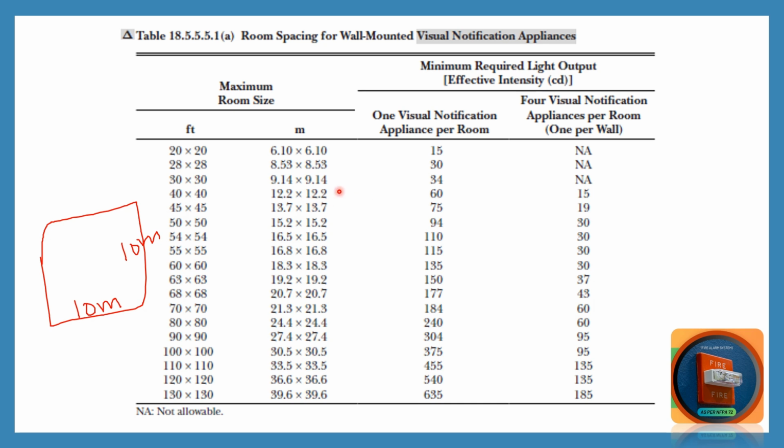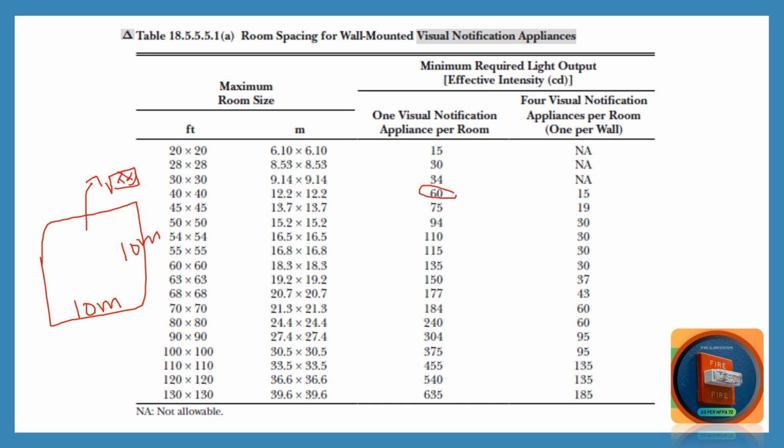I cannot consider 9.14 by 9.14 because our room dimension is 10 meter by 10 meter. So based on this higher size, we can consider a 60 candela rating, one strobe for this entire room. So we can consider a 60 CD rating strobe for the entire room.